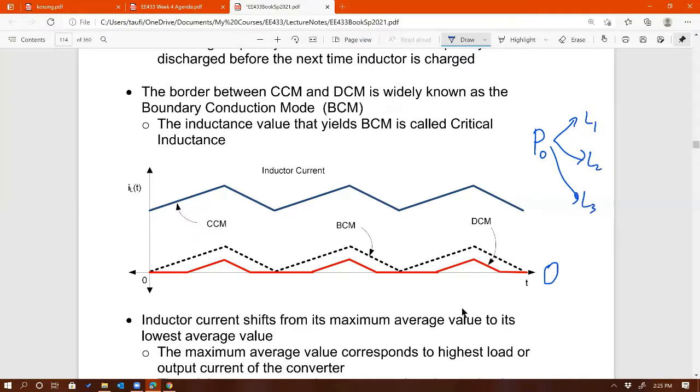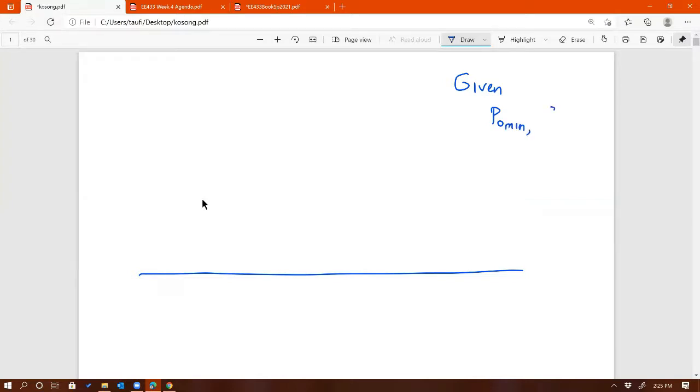I could choose different values of L. For a different value of L, you're going to get, for the same frequency, okay? So given P out min, and then switching frequency.